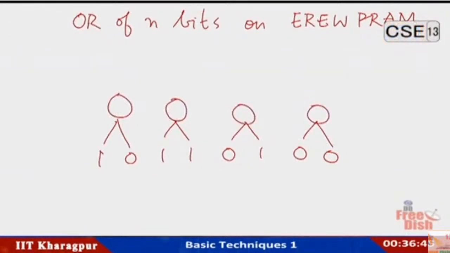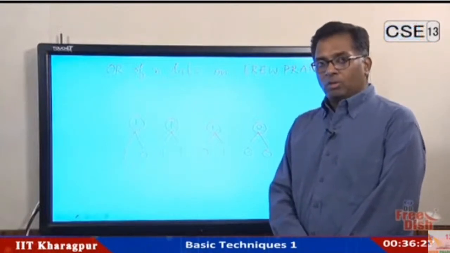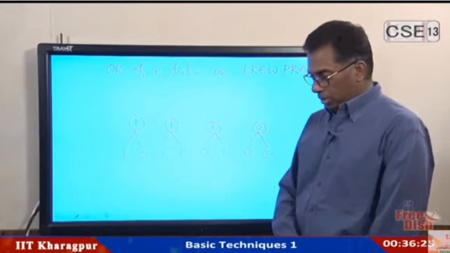The OR of the first 2 bits is 1. The OR of the next 2 bits is 1. The OR of 0 and 1 is 1 again, and the OR of 0 and 0 is 0. So we have now reduced the array of size 8 to an array of size 4.